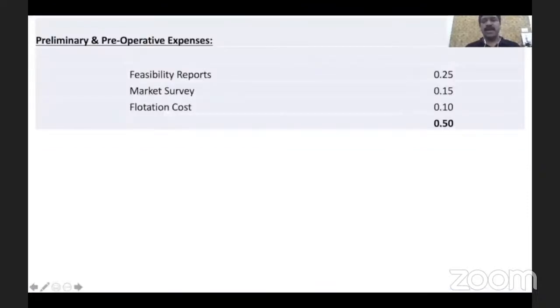Let's say I have incurred some expenses like 25 lakhs in feasibility report, 15 lakhs in market survey, then flotation cost, the cost incurred by me in starting this business, 10 lakhs. It means I have spent 50 lakhs even before I commence my operations.